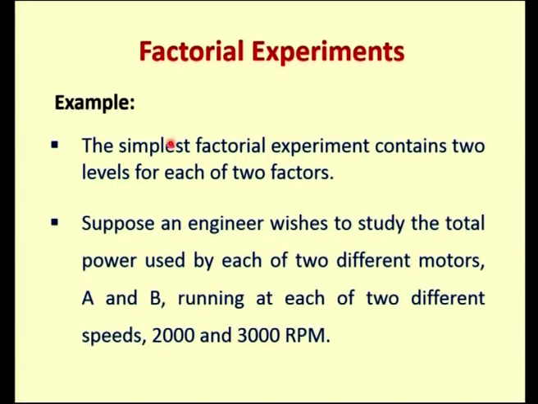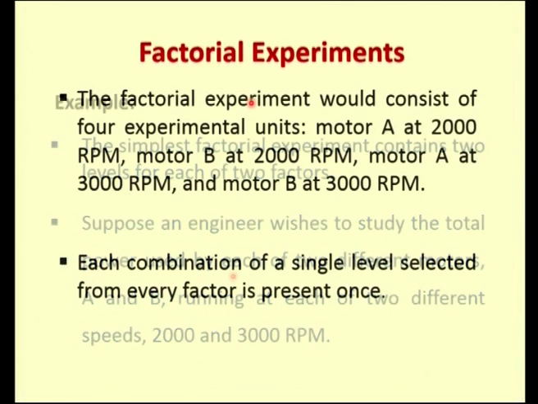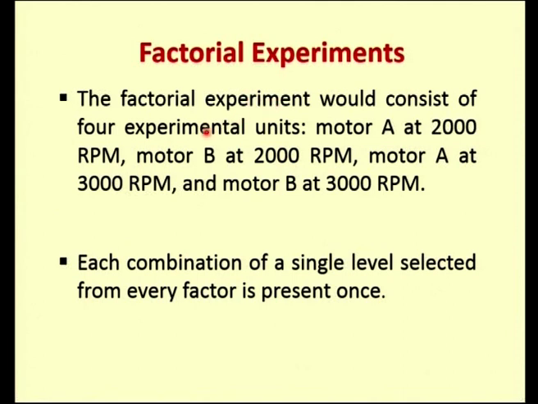And here we have an example of a factorial experiment. Suppose an engineer wishes to study the total power used by each of two different motors, say A and B, running at two different speeds, say 2000 and 3000 RPM. The factorial experiment would consist of 4 experimental units, that is motor A and motor B each at 2000 RPM, and motor A and motor B each at 3000 RPM.